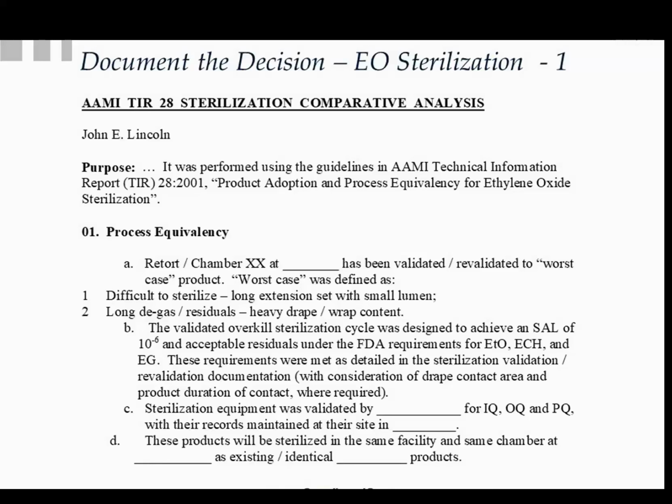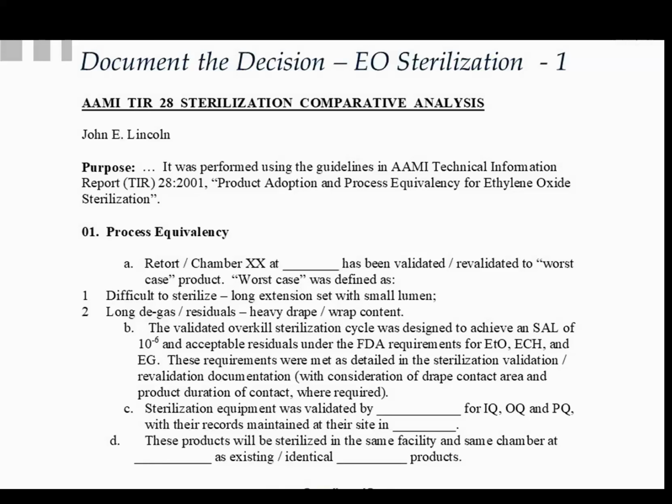This can show that you can grandfather your changed product packaging based on a worst case previous validated product packaging. So in most cases, when you do an original validation or revalidation of your sterilization process, you should be dealing with your worst case products, your killer products, so to speak.